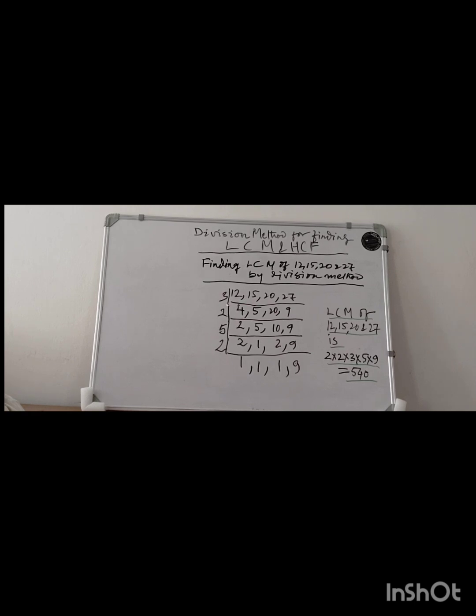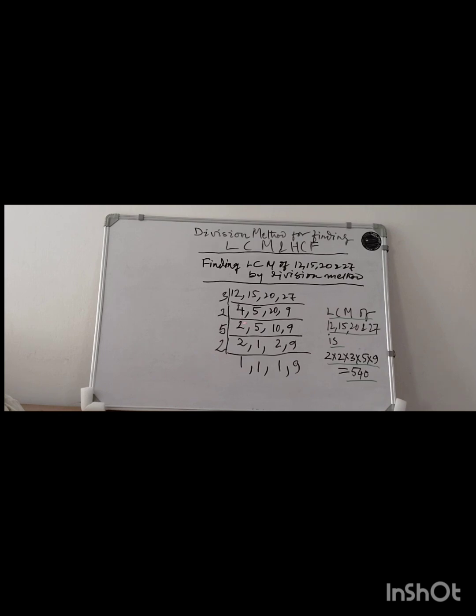So 3 is the number which is a factor of 12, 15 and 27. So 4, 5, 20 as it is, we will carry forward, and 9. Now 2 is the common number which can divide 4 and 20.